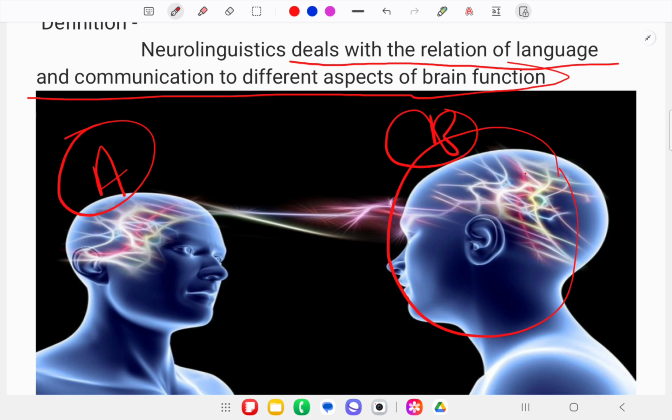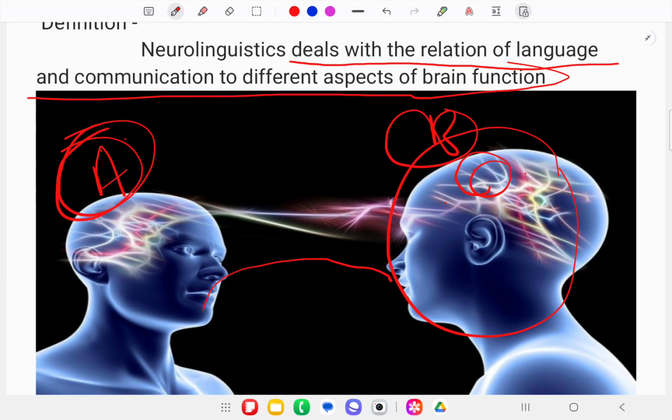One more point to remember: when a person speaks something and another person receives that language, if person A says a word and person B receives it, we think there is no difference, that I say the word directly and he hears my word directly. But this is not actually what happens.